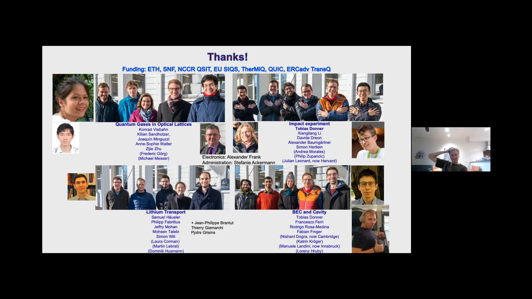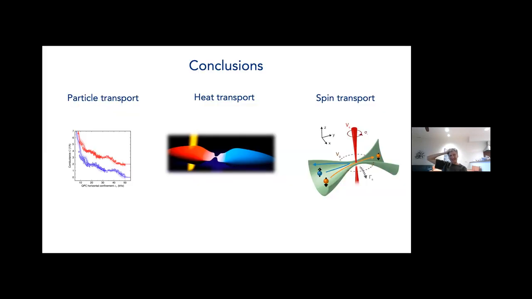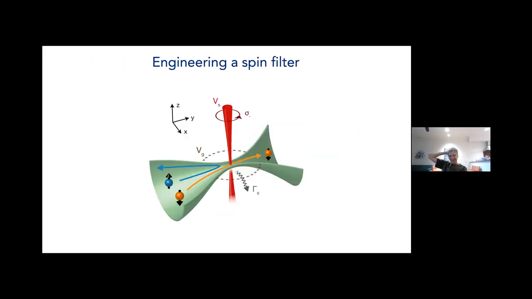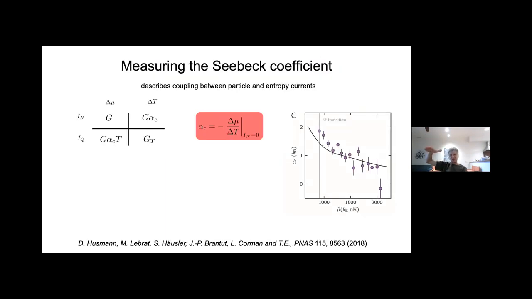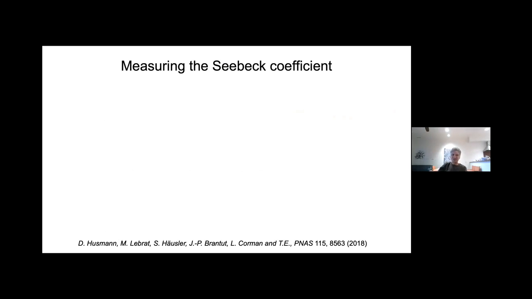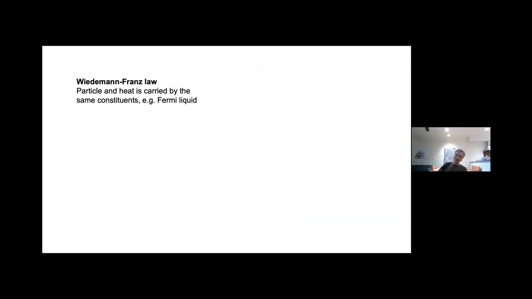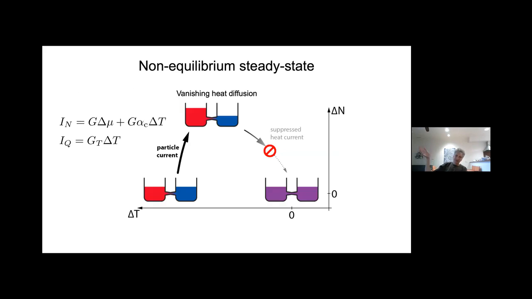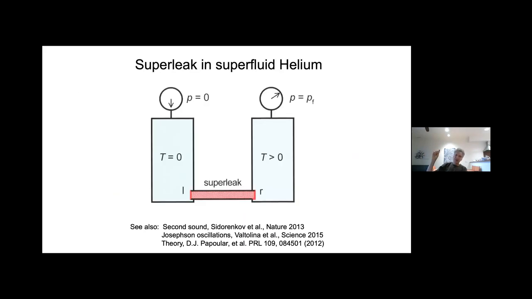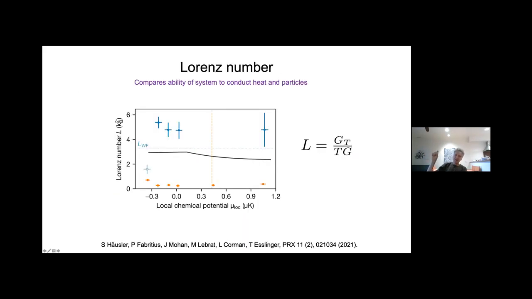So this Lorentz number, right? When you take the ratio of the thermal conductance to the particle conductance, I appreciate that qualitatively it's great that you have a much smaller ratio in a superfluid state. But I didn't follow your latest work. So is there a way to independently measure the denominator, the G, in the purportedly superfluid state?